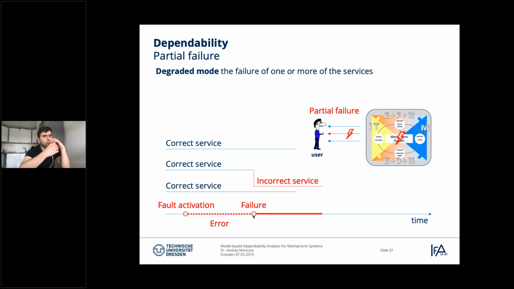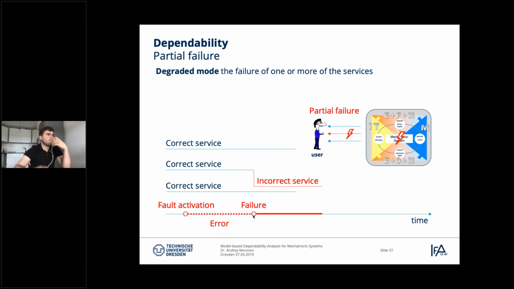Also, the system could be in a so-called degraded mode. What does it mean? It could be that the system provides several services. I think you can come up with many examples of that. For example, even in our display in the car, we can see the speed, we can see how much gasoline we are using per 100 kilometers, and we can see these rotations.